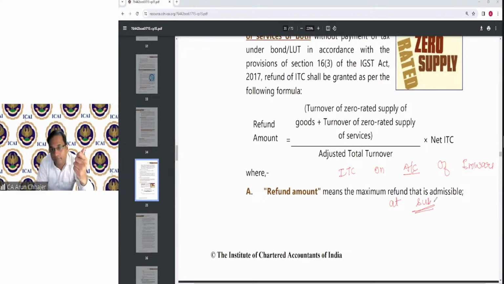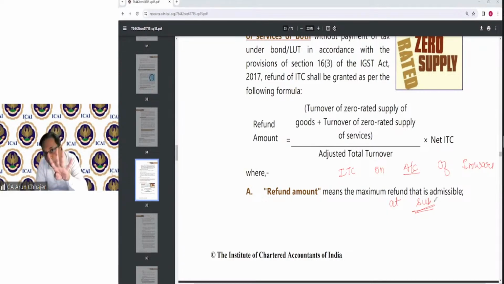Or there are 2 custom notifications, 78 and 79. It means I am an exporter, but my purchase is at a substantially reduced tax rate. Deemed export, merchant export and 2 custom notifications.